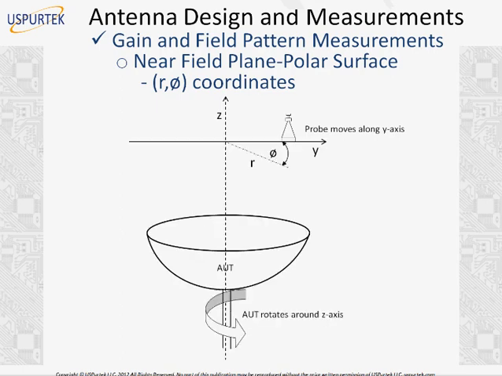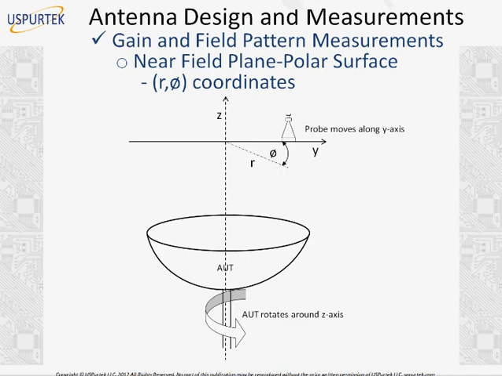The other way you could do it is the plane polar surface, where you have an angle. Your antenna under test rotates around the z-axis, and your probe moves along the y-axis. So you have r and phi coordinates which can be used. These two techniques are good for high gain antennas.